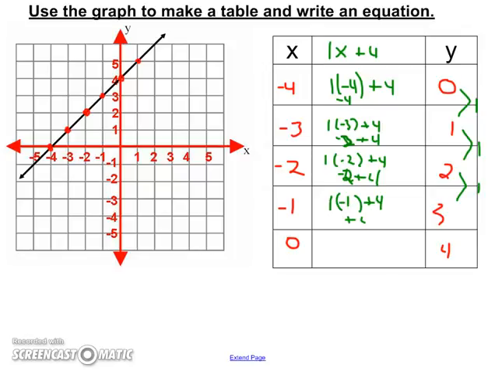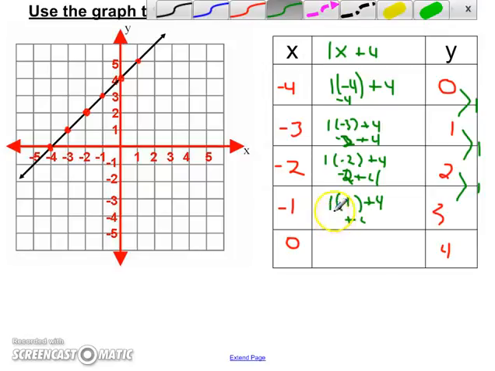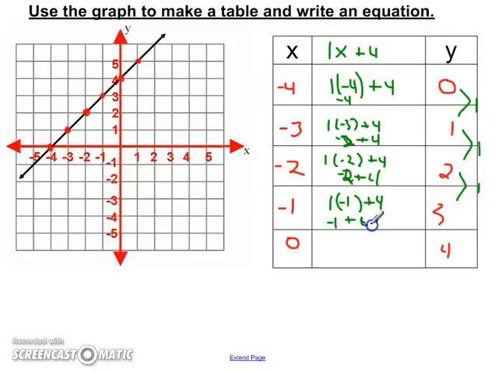Even teachers can make mistakes. So this would be negative 1 plus 4 is 3. And then 1 times 0 plus 4. Well, this would be 0 plus 4 is 4. So now we've taken a table or a graph. We've made a table. And then now there's our equation.